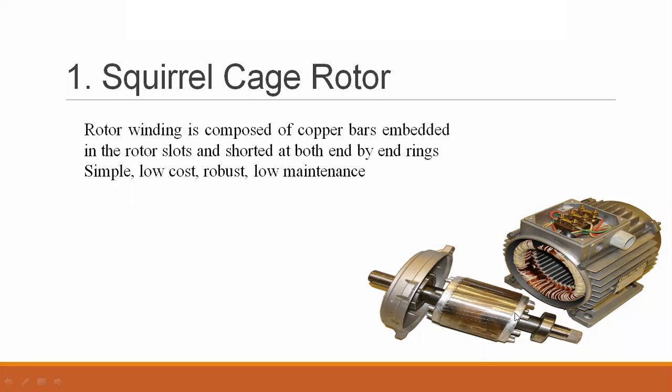That is, at both ends of the bars, I have short circuited them through the end rings. Now this particular squirrel cage induction motor is simple in construction as well as low cost, robust, and has low maintenance compared to the slip ring induction motors.